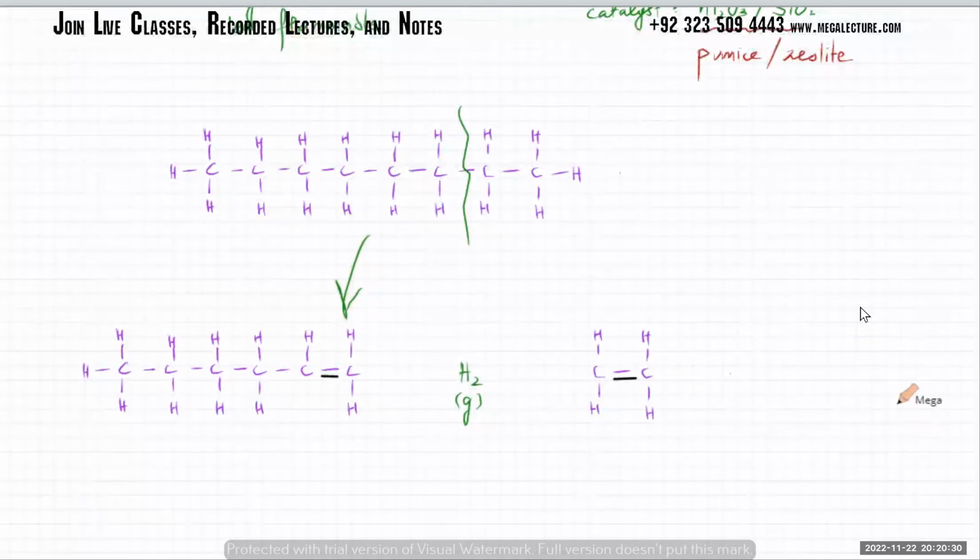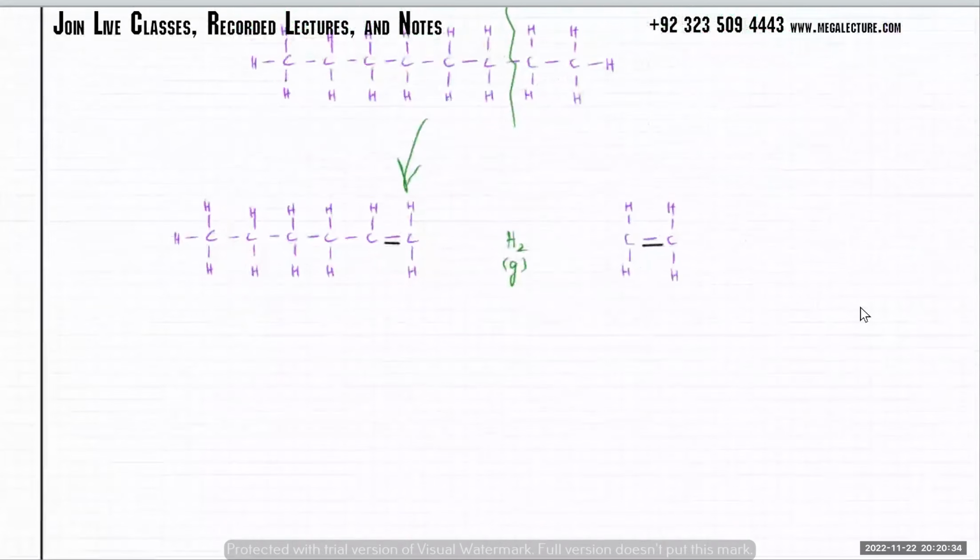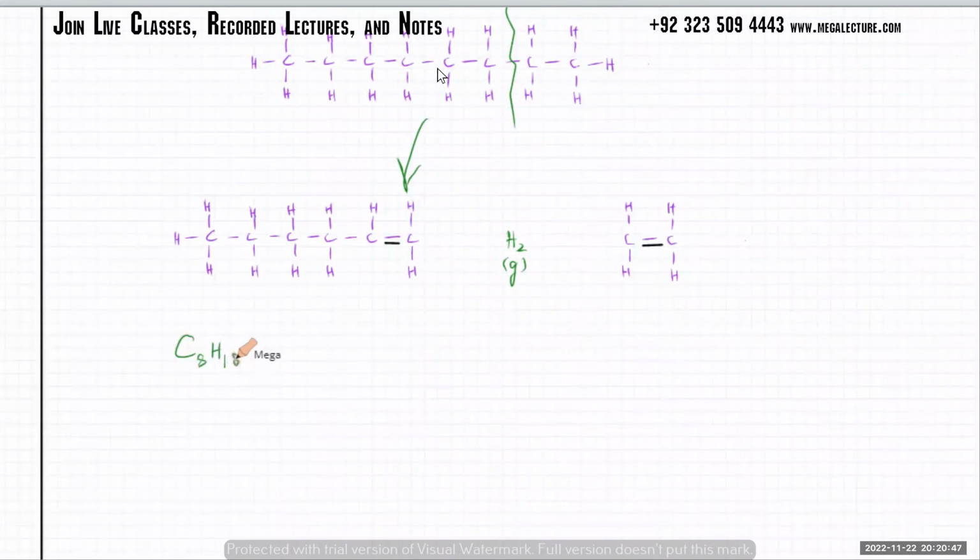You'll be asked to make random equations out of this. This is how many carbons? 3, 4, 5, 8. This is C8H18, I guess. So if you crack C8H18, you must know how to make equations out of it.